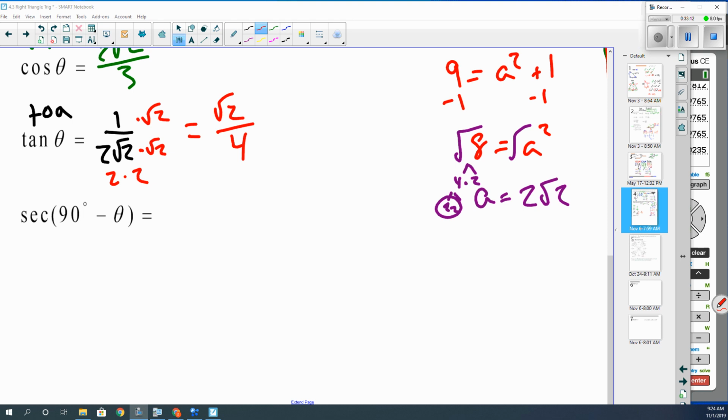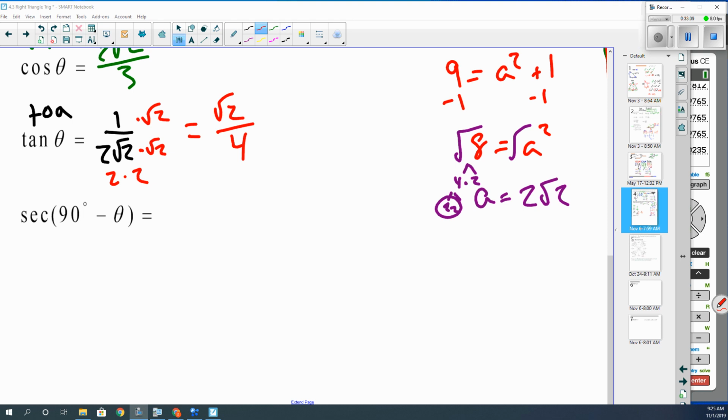Now, in the cofunction identities in your textbook, they all say like pi halves minus theta. Well, pi halves is the same as 90 degrees, because pi halves radians is the same as 90 degrees. So then here, this one says secant of 90 degrees minus theta. So in your textbook, I'd find the one that says secant. It says secant of pi halves minus u, your theta, equals cosecant of u.